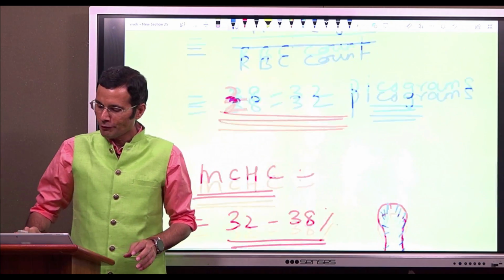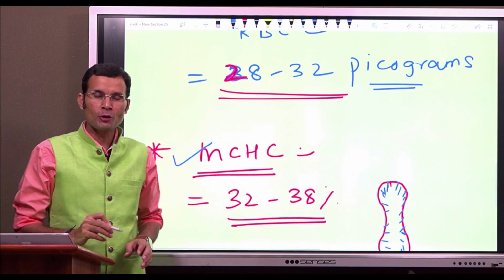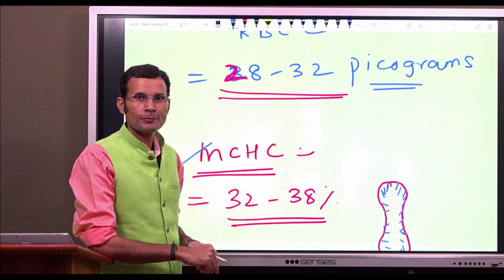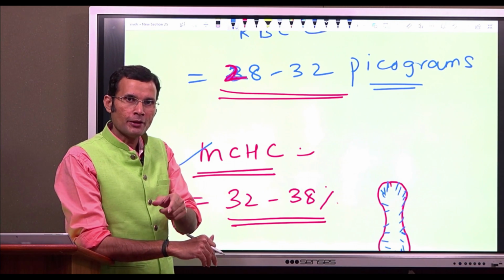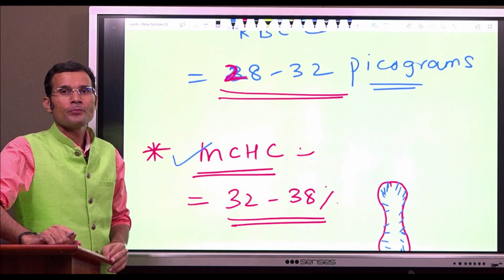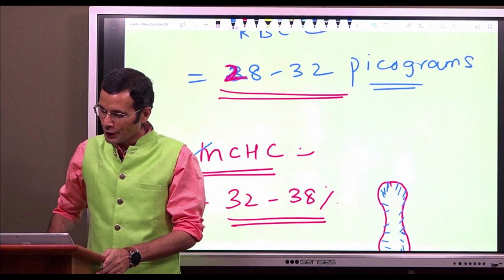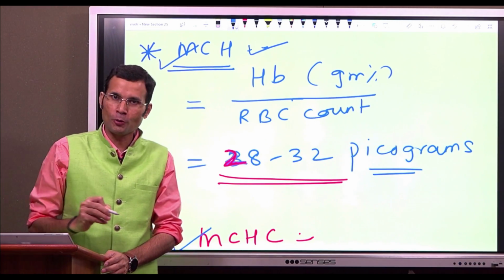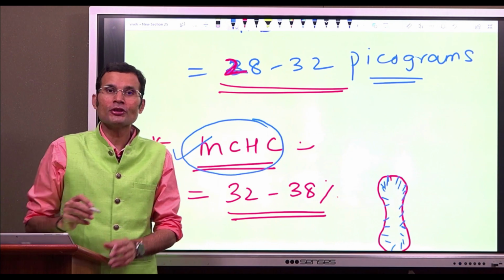Now, what is the difference between mean corpuscular hemoglobin and mean corpuscular hemoglobin concentration? Let me explain this with an example. In a patient, his mean corpuscular hemoglobin was found to be normal, but MCHC was reduced.